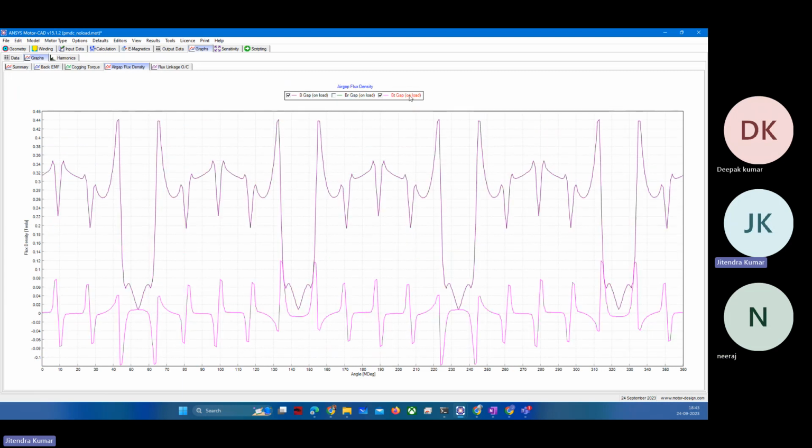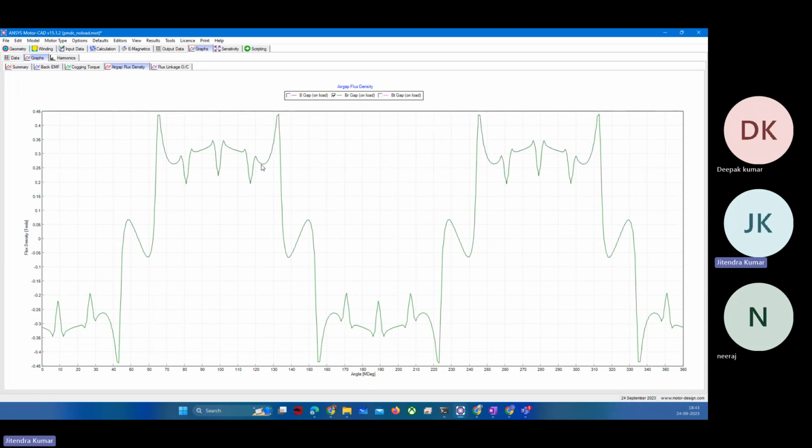Let me just simplify it for you. It is not a flat DC. We want a flat portion here, then a transition, then flat. But these are not flat. Why are they not flat? Do you have any reason? The air gap and armature face are not smooth, sir.